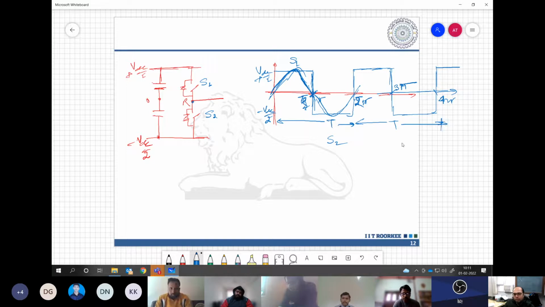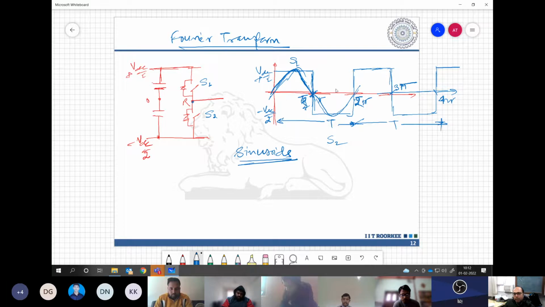Now the simplest way to understand what components are present in any periodic waveform, we know already, is the Fourier transform. Fourier analysis suggests that any periodic waveform can be represented in terms of sinusoids.